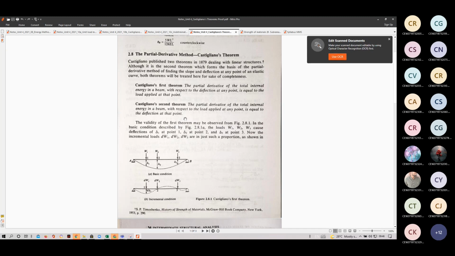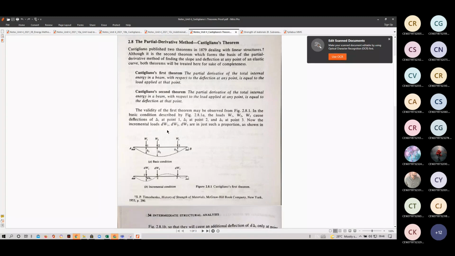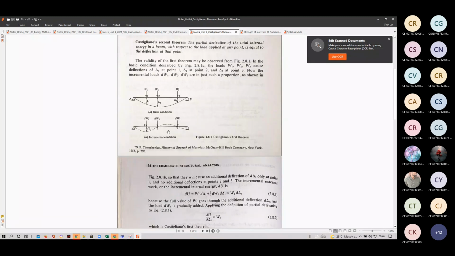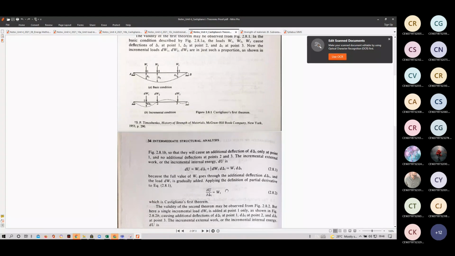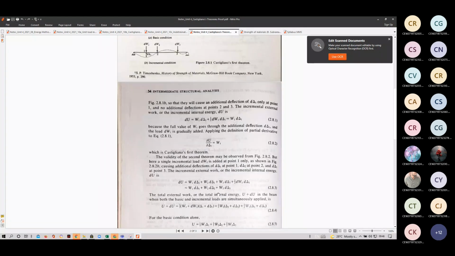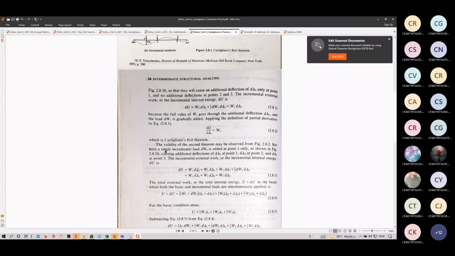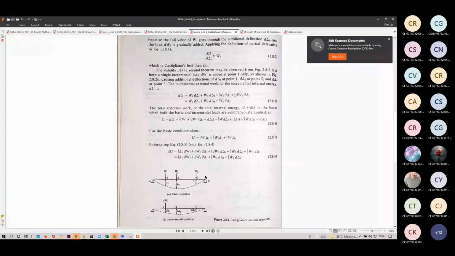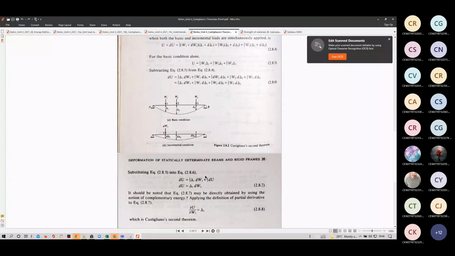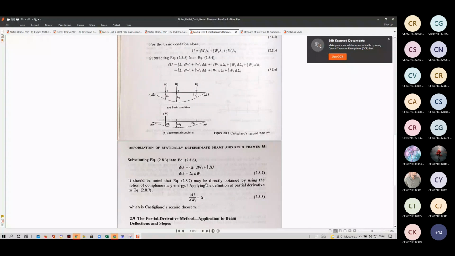So you have to state that, and then theorem 1 proof he has given easily here. Theorem 1 is proved here, and then the validity of the second theorem. Theorem 2 is proved here. It is just 1 page. Okay. Those of you who wish to score on this, you go through this.